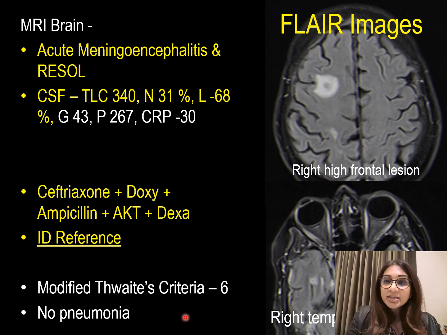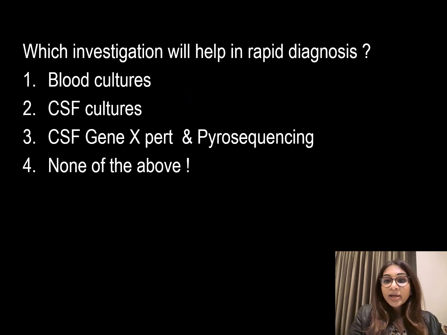At the same time, this patient was not having any pneumonia either. Now we know that 25% of the TBM patients may have associated lung involvement, so the possibility of TB was less.